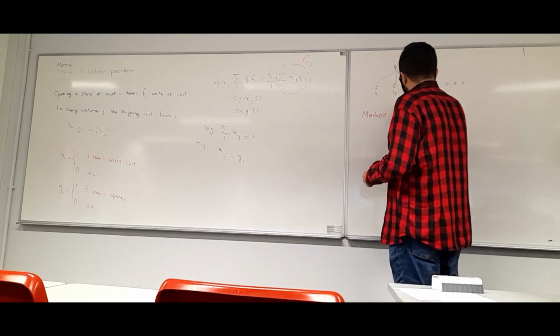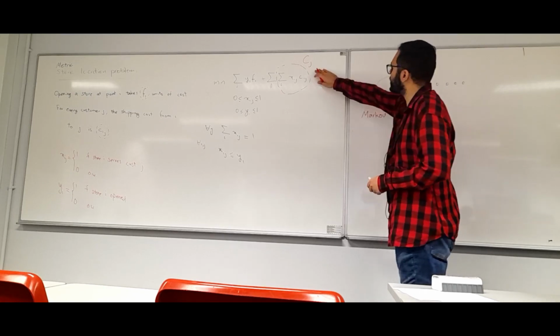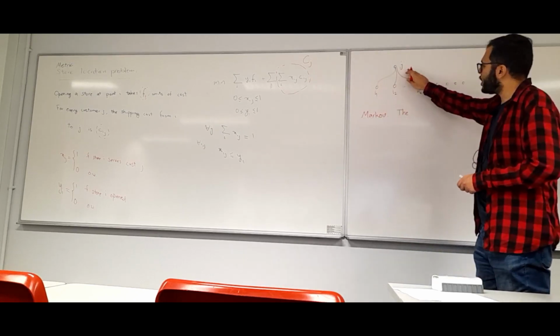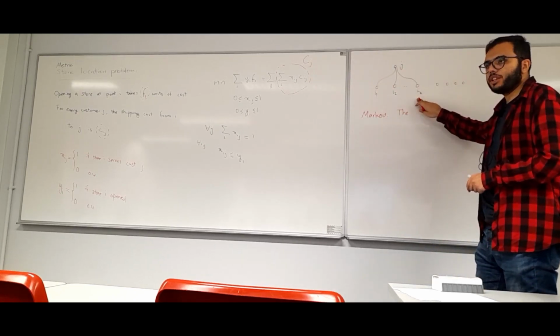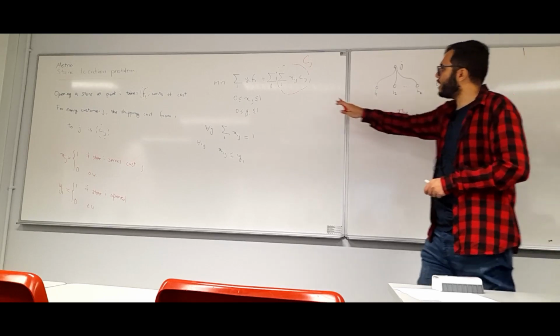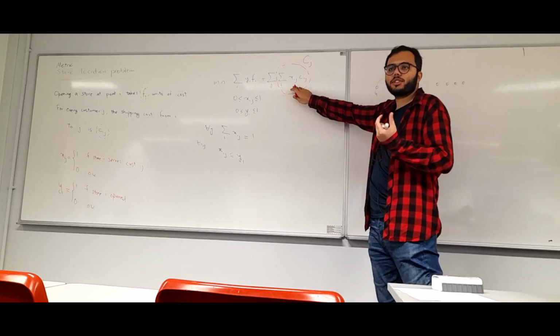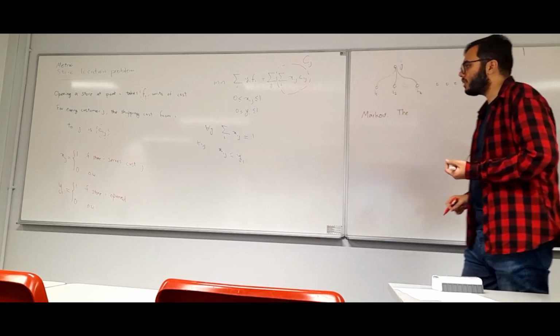So what is this Cj, by the way? This is also the average distance from J to all the stores that are serving J. But the average is a weighted average, and the weight is how much of the service to customer J is coming from this store. Okay?